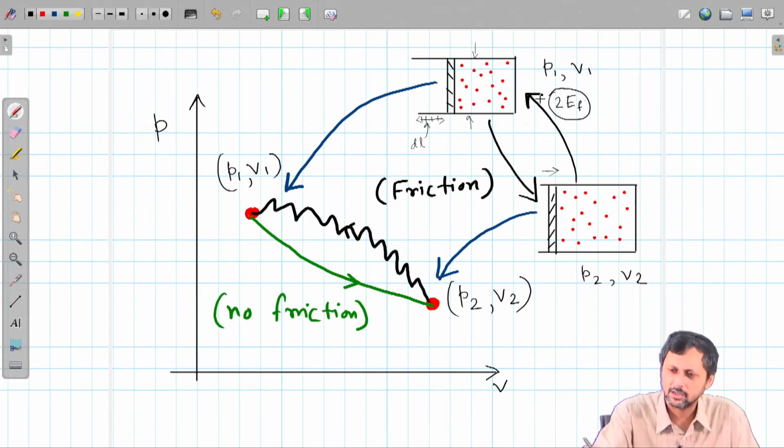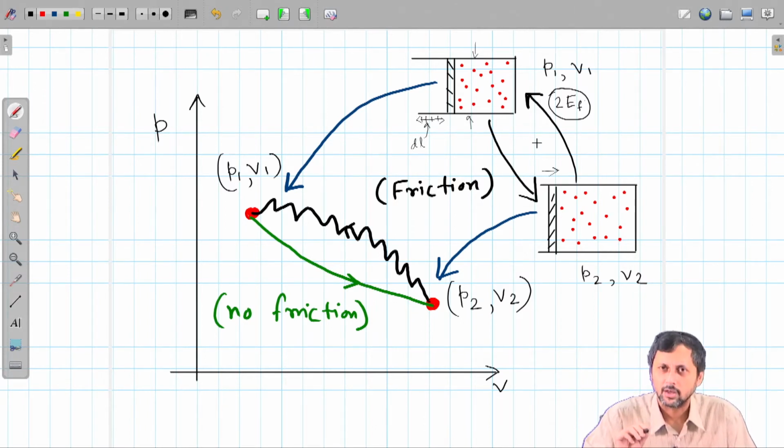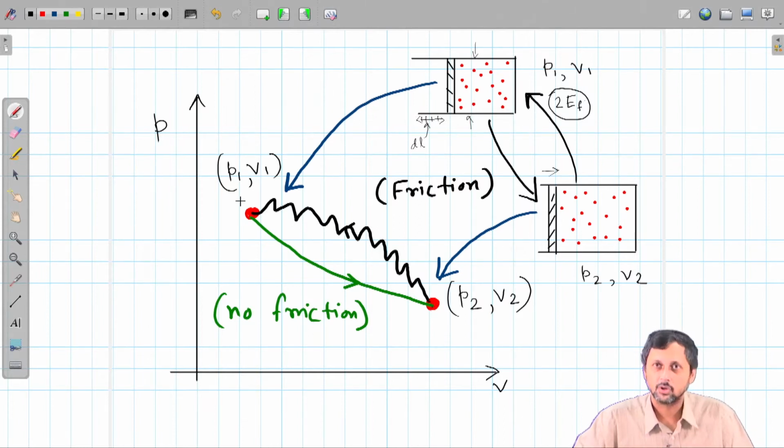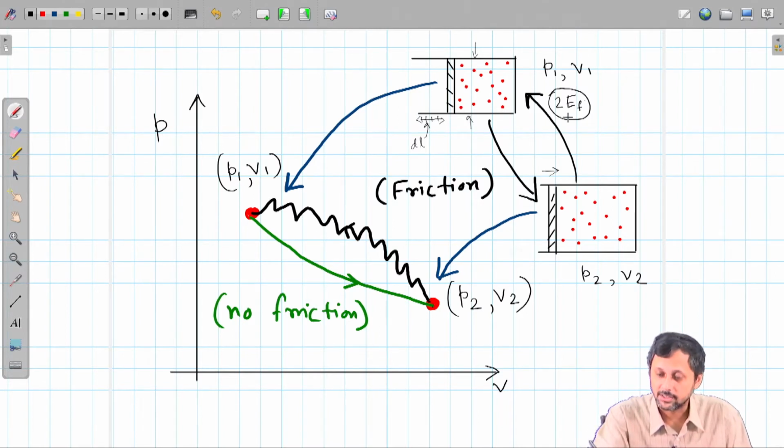So, altogether there is always a loss, and because of this loss, although on this PV indicator diagram we can take this gas assembly back from state 1 to state 2, even in an idealistic situation, even if there is no friction, even if the intermediate states are in equilibrium, which is once again not possible, we still have a lost energy that is given here.